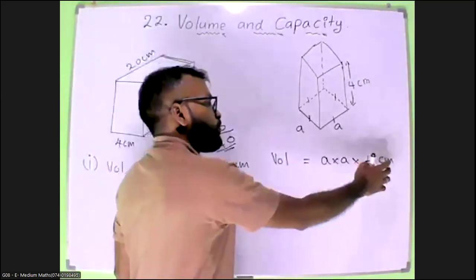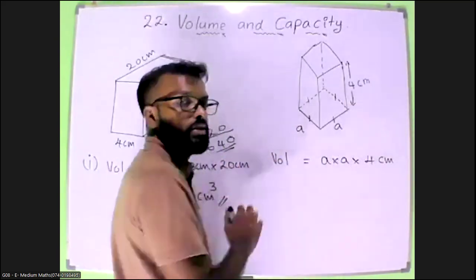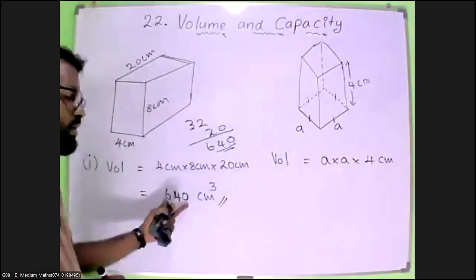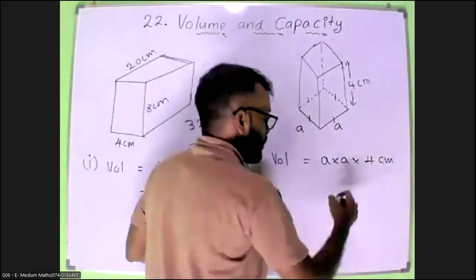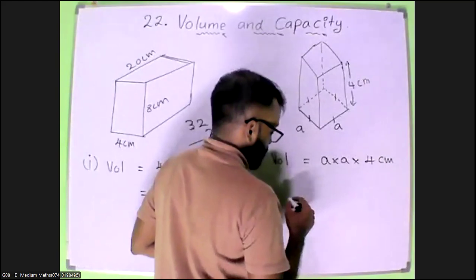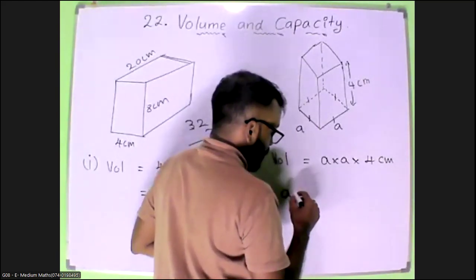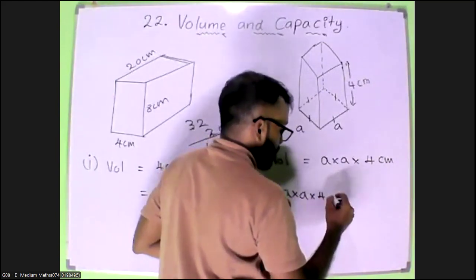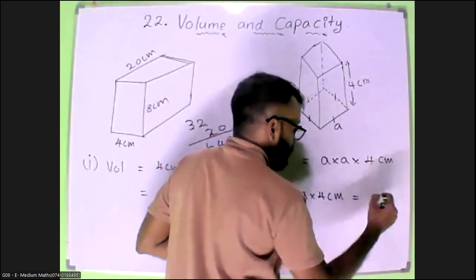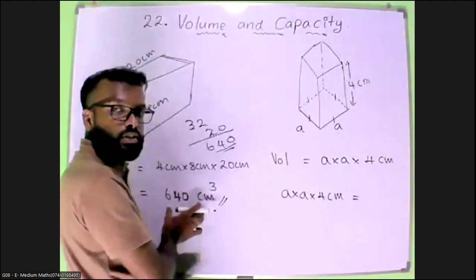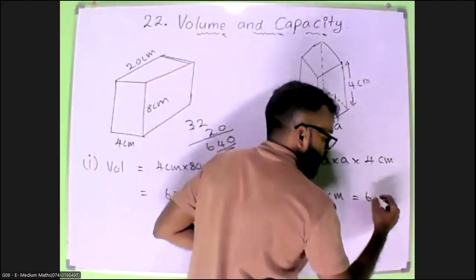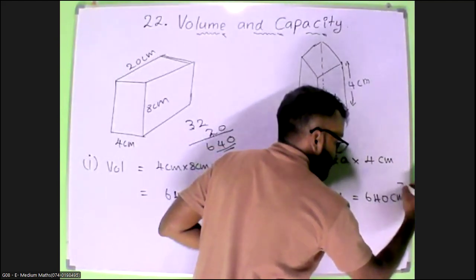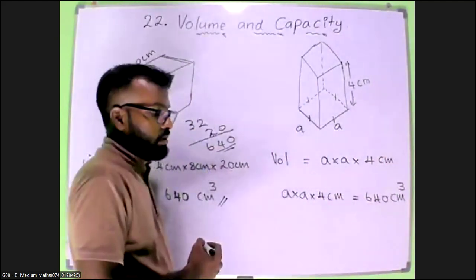This volume is equal to the previous cuboid's volume, so I can write A times A times 4 centimeters equals 640 cubic centimeter.